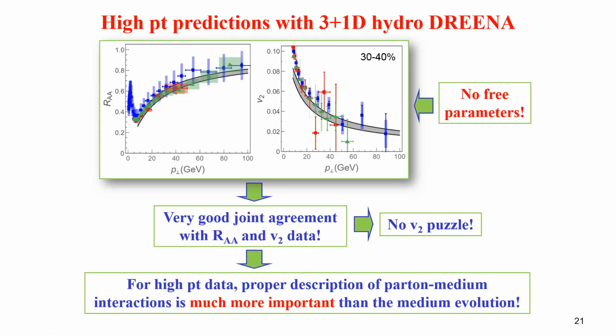And contrary to all other available models, it appears that there is no v2 puzzle within our model. So from this, we can conclude that contrary to the widely accepted paradigm of dominant importance of proper medium evolution description, our results strongly suggest that for high-pT data, proper description of parton-medium interactions is much more important than the medium evolution.